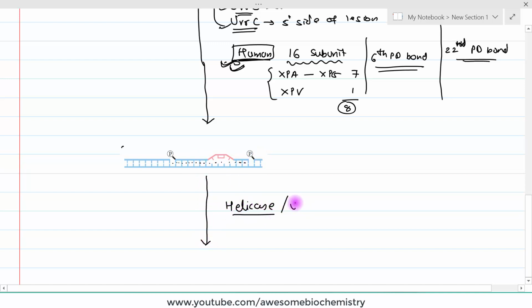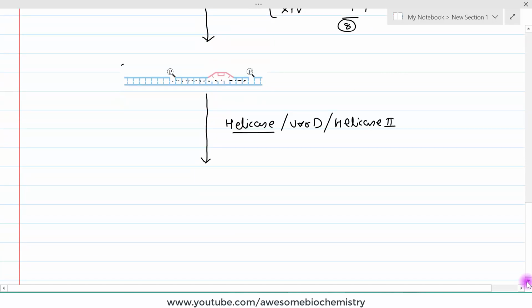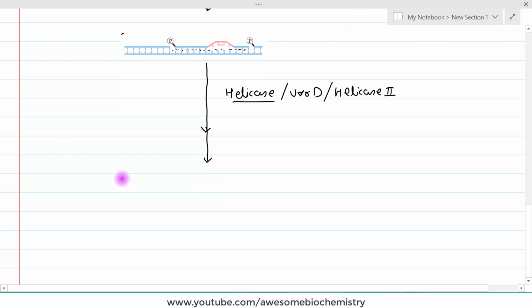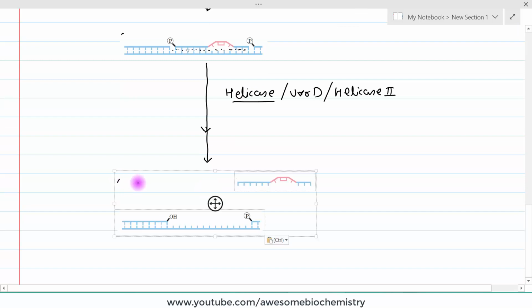You can also call it UvrD, or you can also call it helicase 2. Helicase 2. This enzyme will break down these hydrogen bonds, and so this piece of DNA will get removed. So let's paste the diagram over here. So now what happened? This piece of DNA is removed and the remaining portion looks like this.